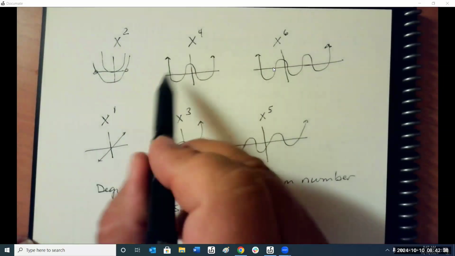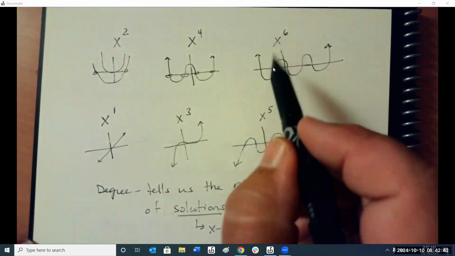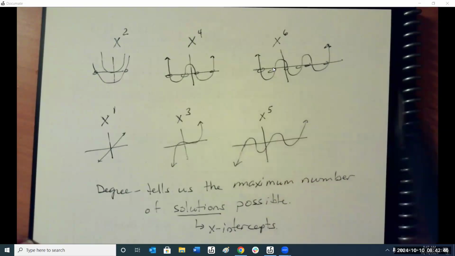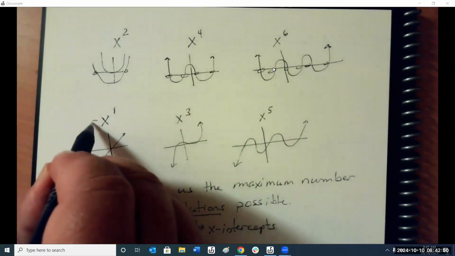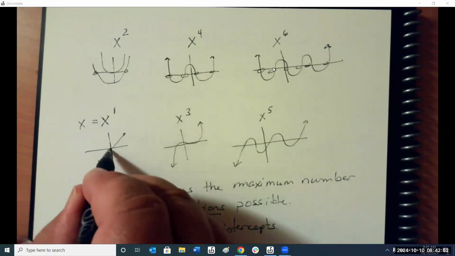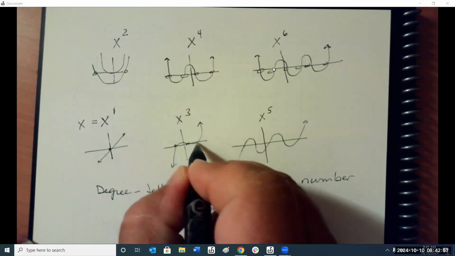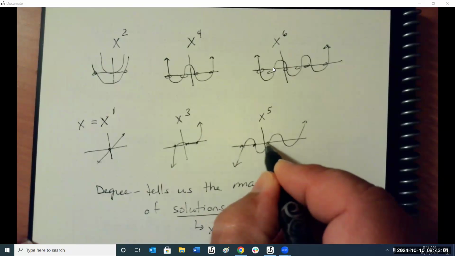X to the fourth, 1, 2, 3, 4. X to the sixth will have at most 6 intercepts. If we just had an X, then it's only 1 time. X cubed is maximum 3 times. X to the fifth is 5 times.